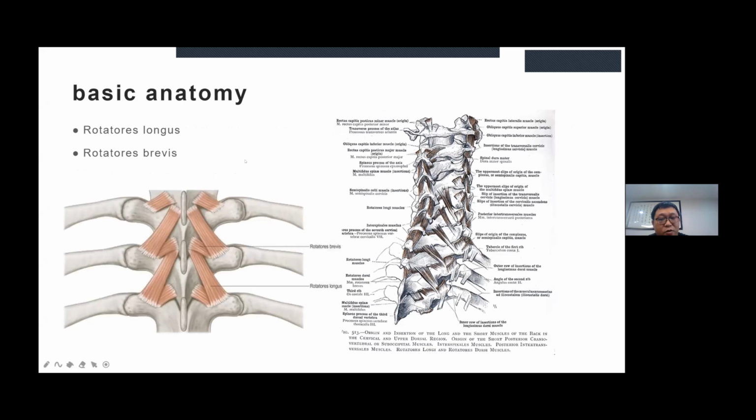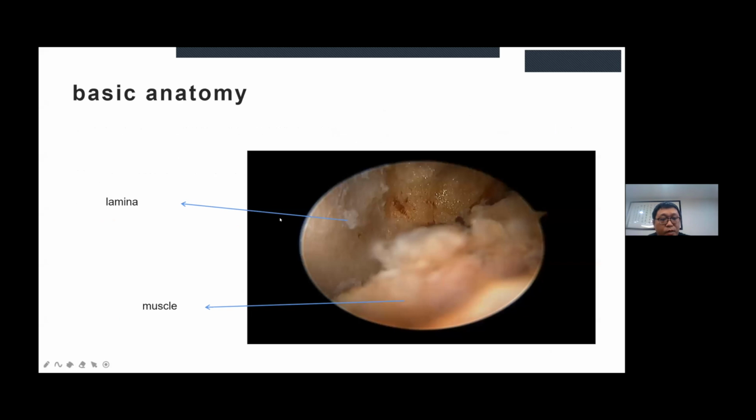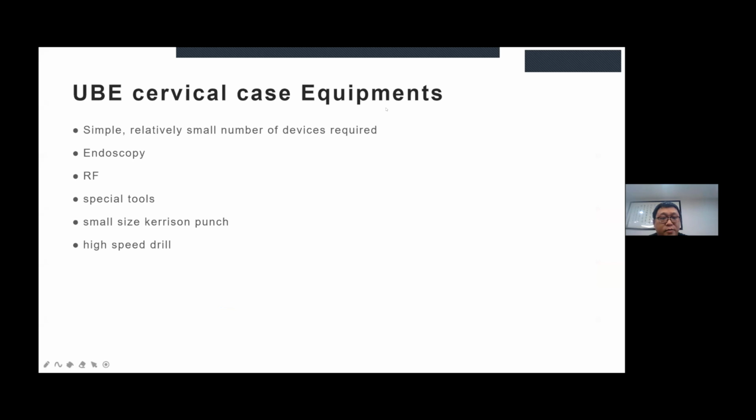We often work in the midline, where there is nearly no muscle, and then we move to the lateral side. We will see the lamina in the first scene. We can see the lateral muscle, and we work in the midline and then move to the lateral mass.